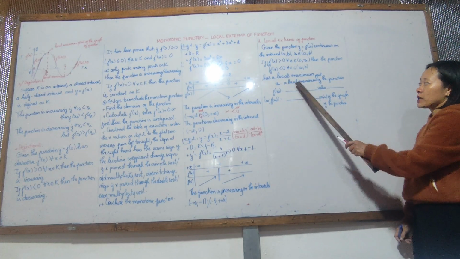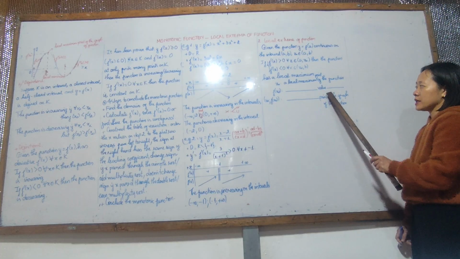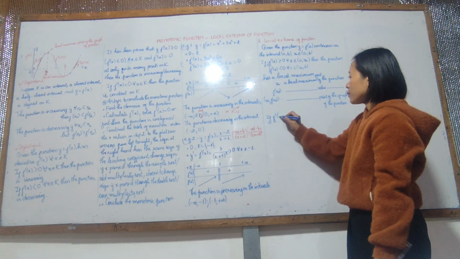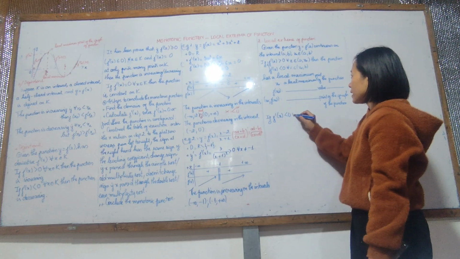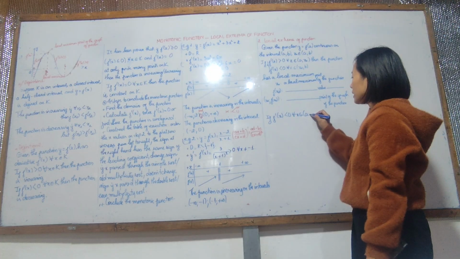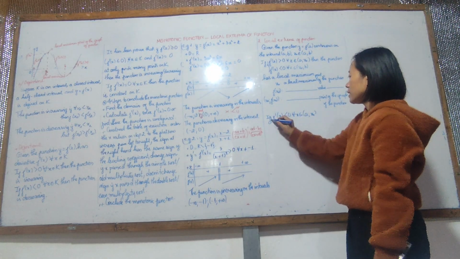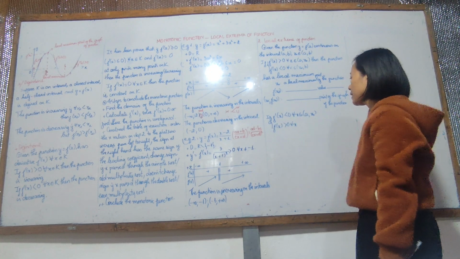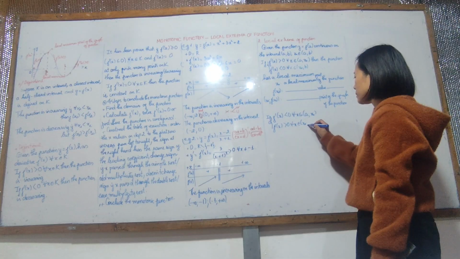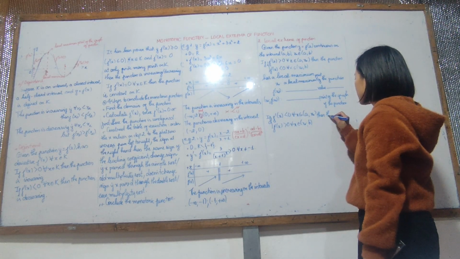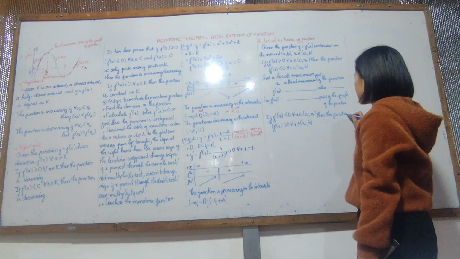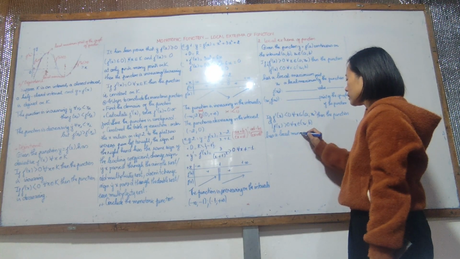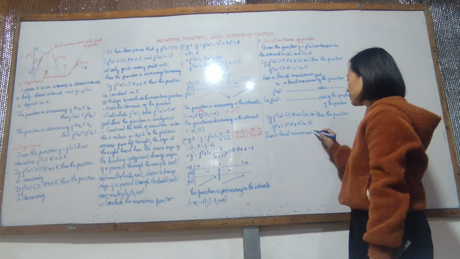Remember this. This one is of the function, but this one is the graph of the function. Okay, if f prime of x is less than 0 for all x belonging to the interval (a, x0), and f prime of x is greater than 0 for all x belonging to (x0, b), then the function has a local minimum.